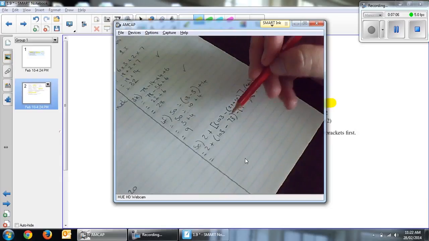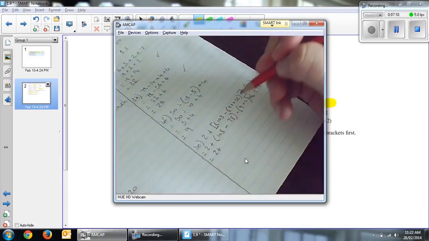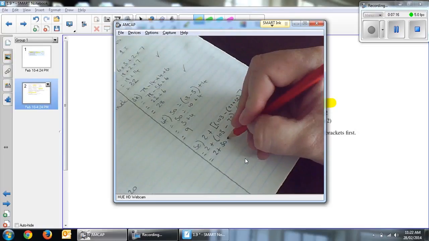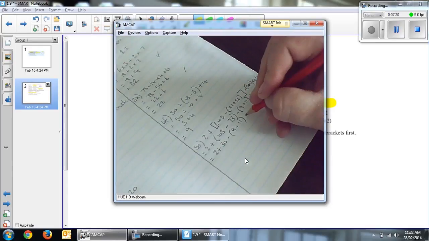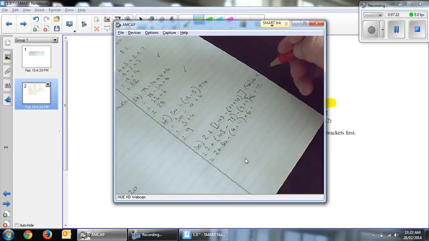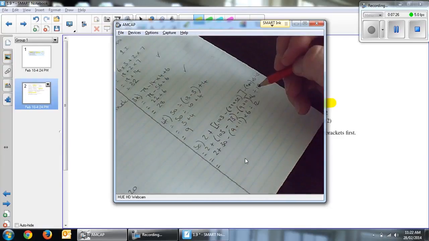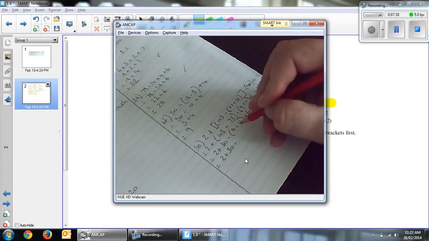Okay, next up we have two lots of brackets, so we'll start with this one first. 103 minus 73 is 30. Next line, we need to deal with these brackets. 9 plus 11 equals 20.